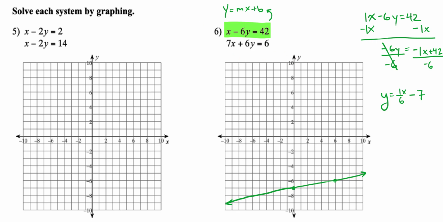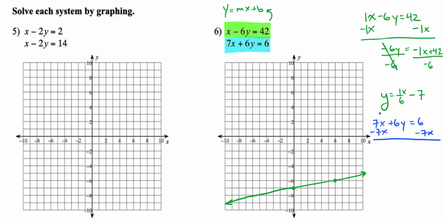So my second one, I'm going to do the same thing. I'm going to start off just by writing this on the side. Here, I'll do that one on this side. Or actually, I'll do it 7x plus 6y is equal to 6. I want my y by itself again, so I'm going to move this 7x to the other side. 7x.